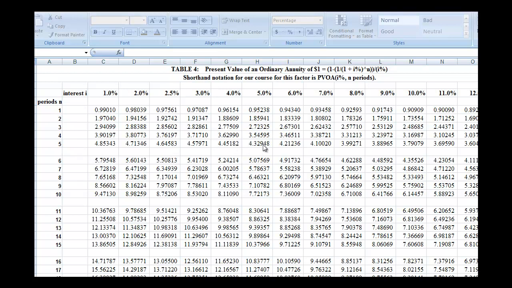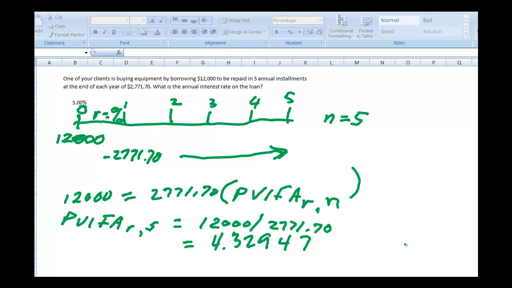And if you slide over here to this one right here, it says 4.32948. That's what we just calculated. So let's go back over to our other one here, and we have 4.32947.